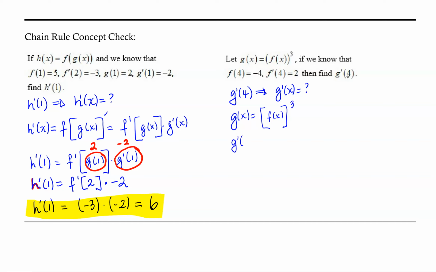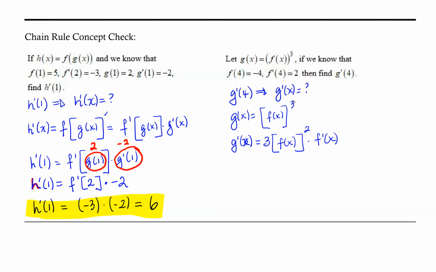So then g prime of x is equal to, we're going to use the power rule on the outer function, which is a cubic function. And so we'll have 3 times, we leave the argument alone, squared. So f of x. 3 times f of x squared times the derivative of the argument.